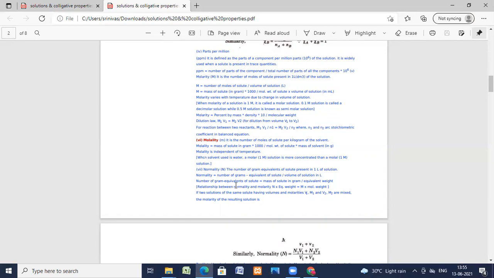For normality you take the number of equivalents of the solute in 1 liter of solution, but for molarity you take the number of moles of the solute in 1 liter of the solution.